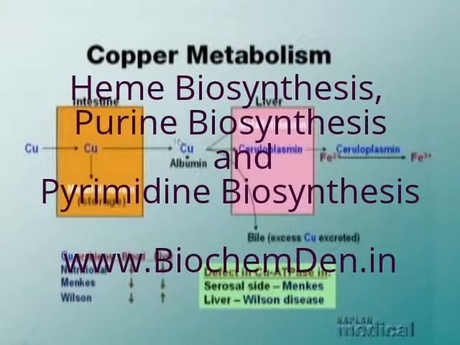So from the bloodstream, it can get to the liver, and in the liver, we get the copper converted now to ceruloplasmin. This is the active copper carrying protein. Or on the flip side here, the copper that gets to the liver can be converted once again to metallothionein.